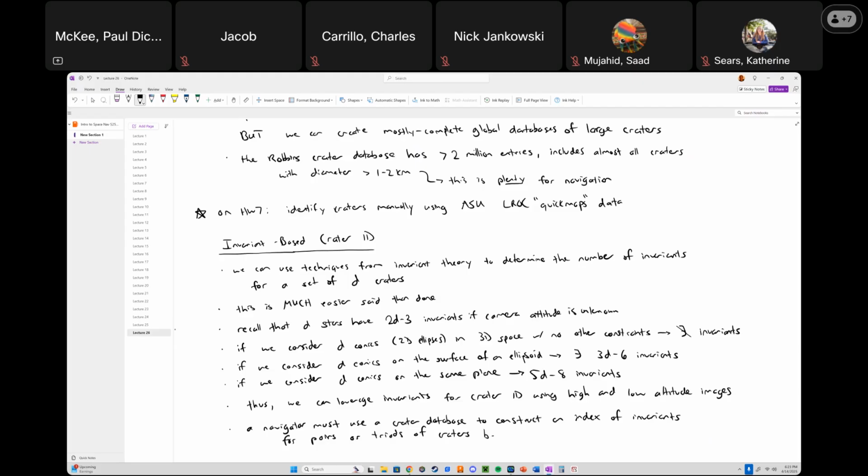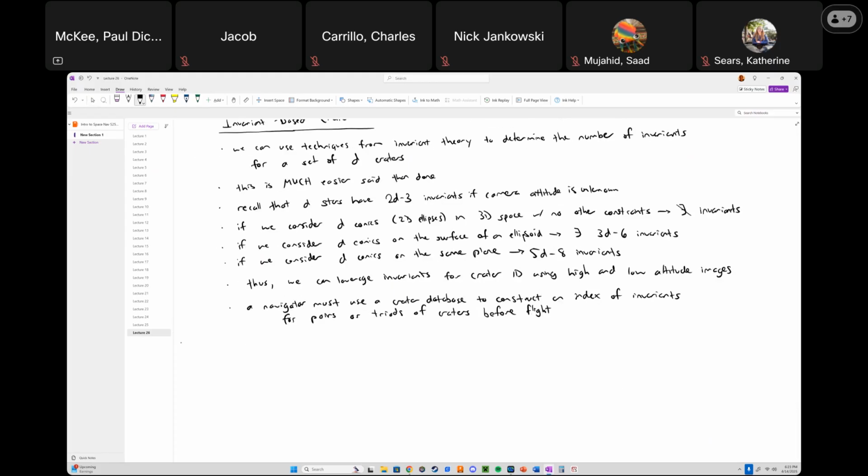And this must be done before flight. And this index must be rapidly searchable. We have to constrain our index size, right? Just like with our star ID. We don't want our index to be huge. It can be too difficult to carry around with us. And we will focus on the craters the spacecraft is most likely to see.